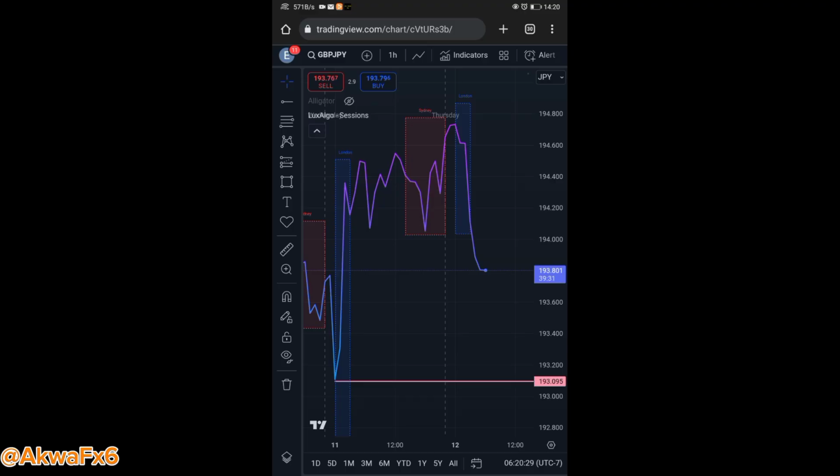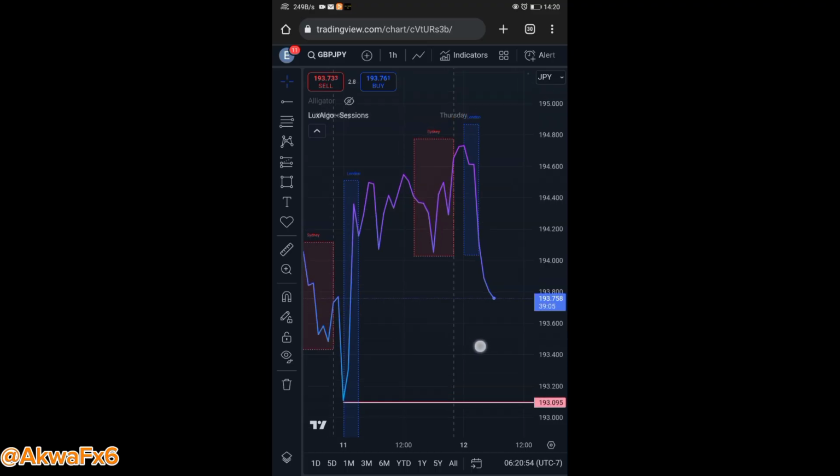Then from that time to 4 or 5 p.m. is when banks have already closed. So any trade you are holding should be between 7 to 4 p.m. at night. You have already rounded up with your day trade. So that's what you will do.